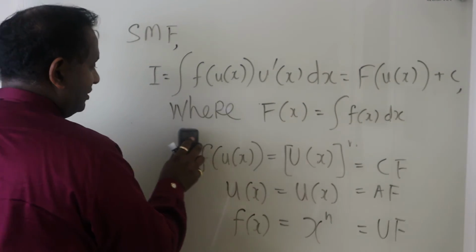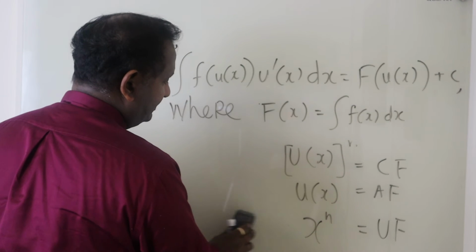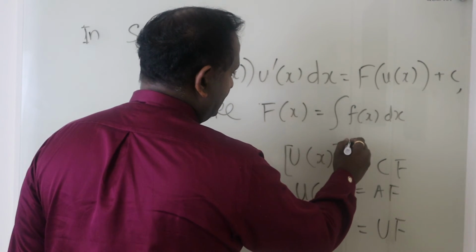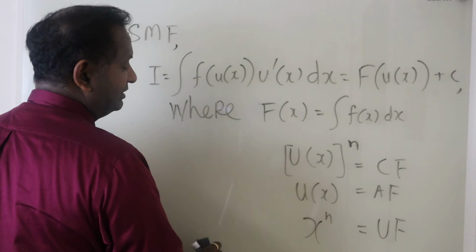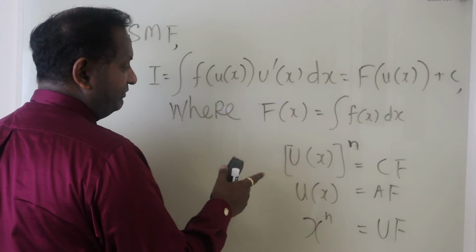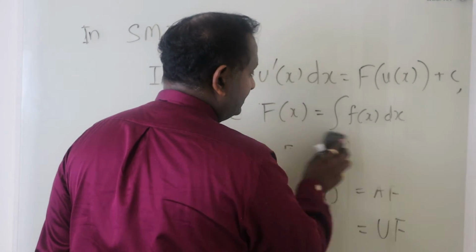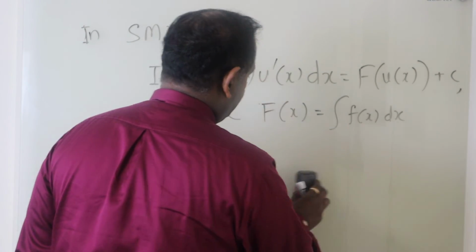So let's plug in all these components, ux to the n, ux to the n, ux and x to the n, for CF, AF and UF respectively in the substitution method formula.